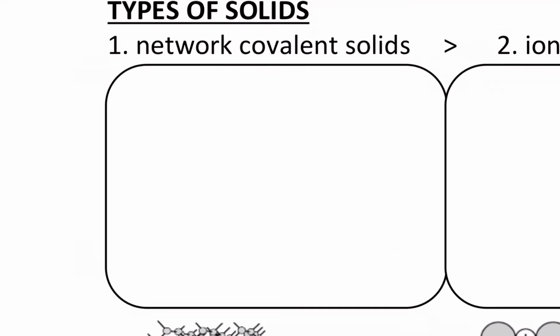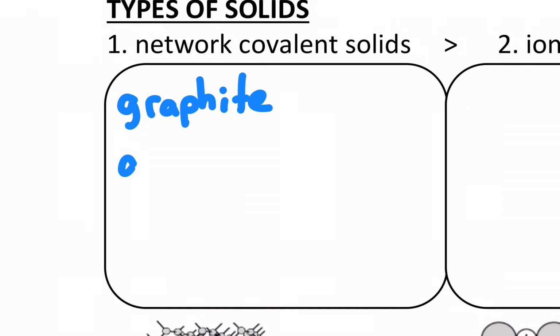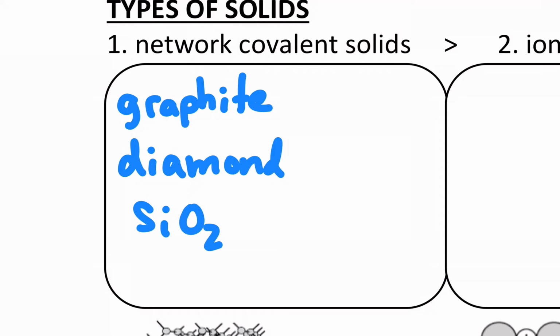There are 3 network covalent solids that you should know, namely the one that's up above, graphite, and then the other allotrope of carbon, diamond, and silica. There are many more than just those 3, but you should definitely know those 3, just for starters.